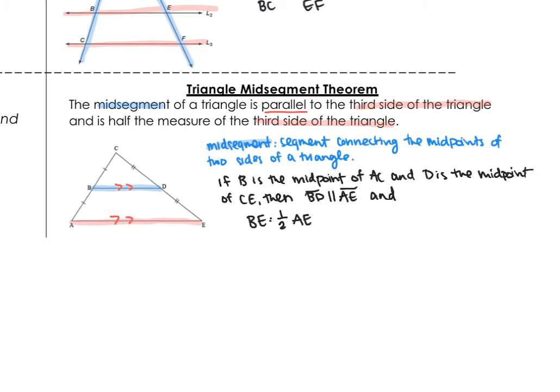The other way you can think of it is 2 times BE, so 2 times the midsegment will give you AE. Those mean the same thing.